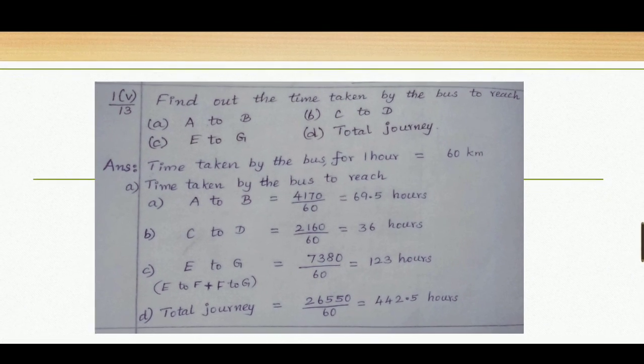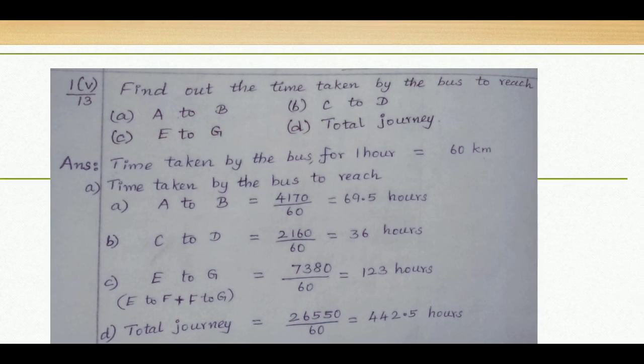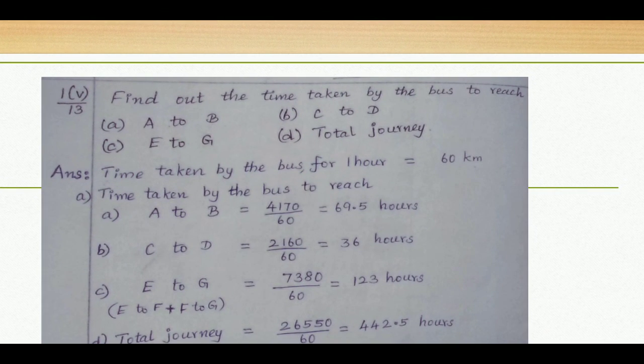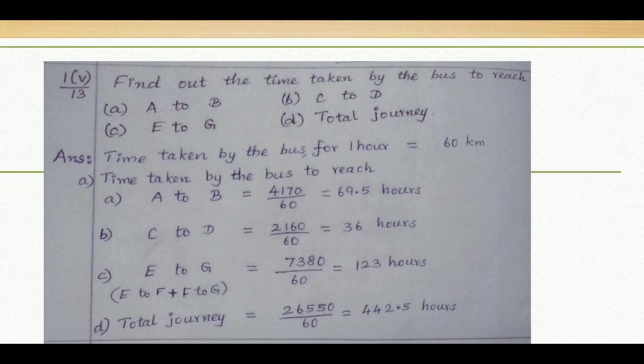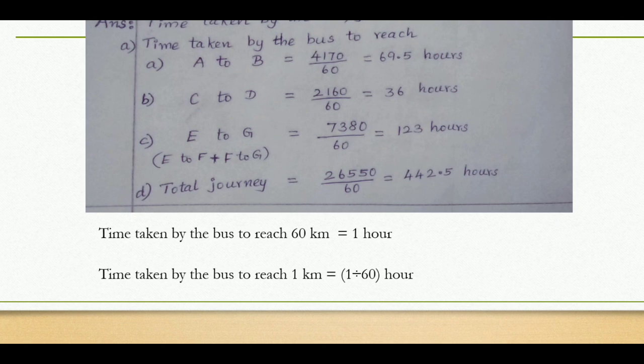Next problem is find out the time taken by the bus to reach A to B. What is the distance between A to B? It is 4,170 kilometers. But we know that time taken by the bus to reach 60 kilometers is 1 hour. Then time taken by the bus to reach 1 kilometer is 1 by 60 hour.